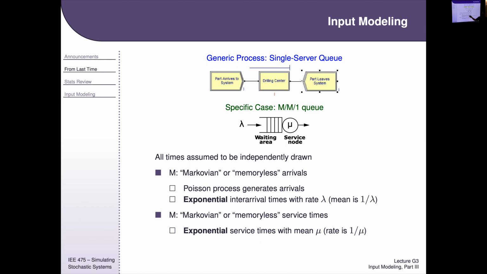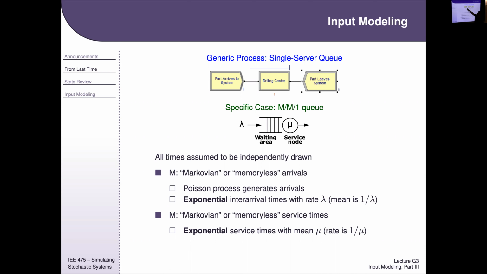When you take classes like 470, you'll get more familiar with Kendall's notation in compactly summarizing the input models that occur at different nodes in a queuing network. This particular system has an interarrival process, and it has a service process.